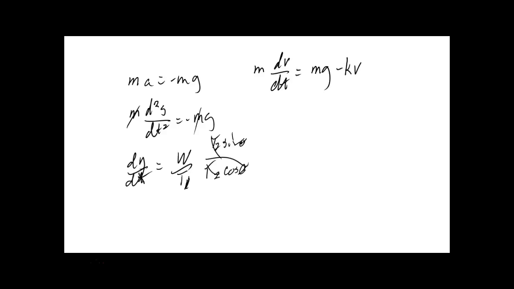Only. Okay? No y double primes. Y prime and y's and x's. But no y double primes. Y double prime is second order. That's it. So, chapter 2 is first order differential equations.